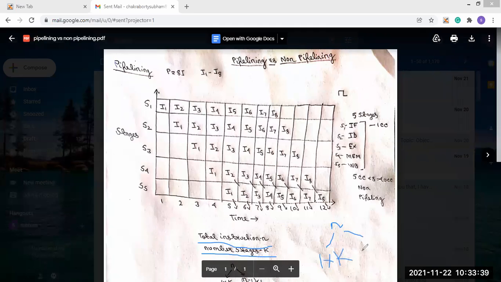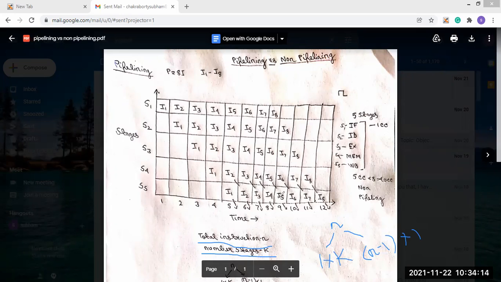And other than the first, each and every instruction gets executed in 1 clock cycle. So that's why n minus 1 into 1. We are considering k here because the first instruction requires k clock cycles.